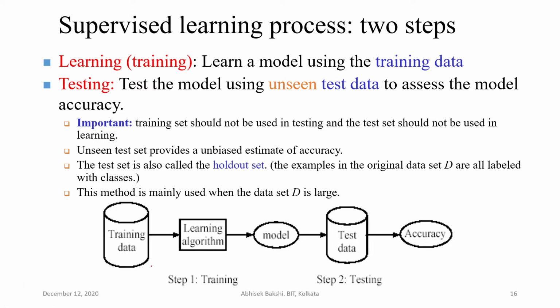You can consider this model is nothing but something like a function. So this model is the function. As soon as this function is created, we can use it for some test data, and then we can calculate the accuracy. That means how much data is correctly classified, or how much data is correctly computed as an output.